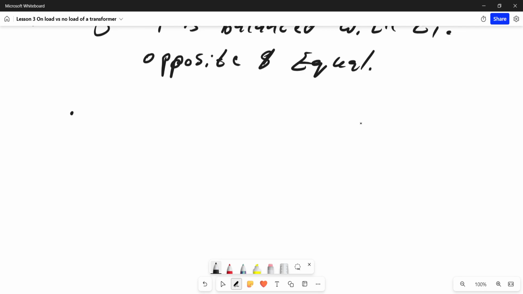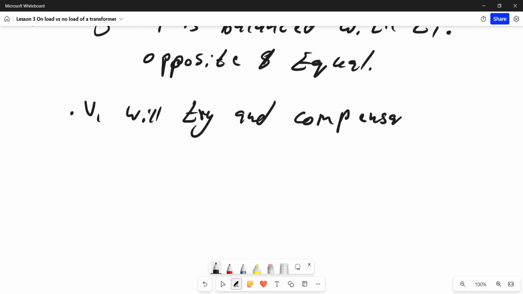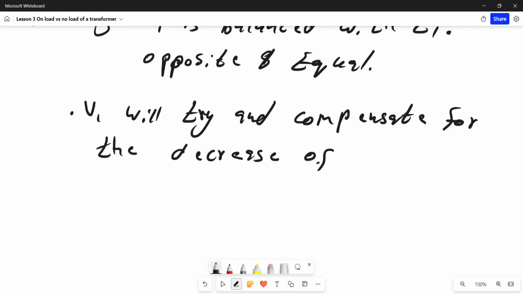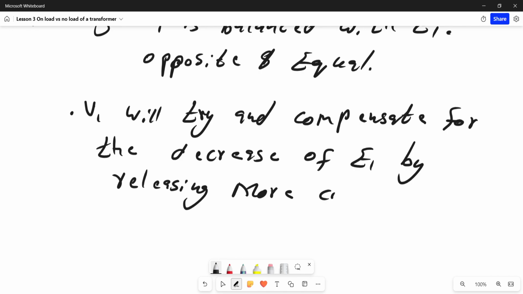V1 will try and compensate for the decrease of E1 by releasing more current in the primary.